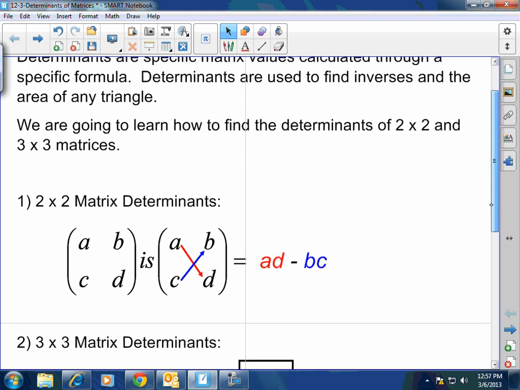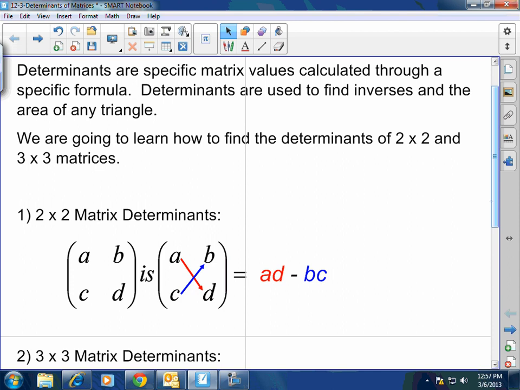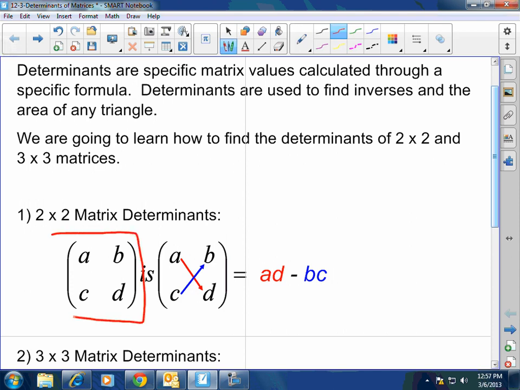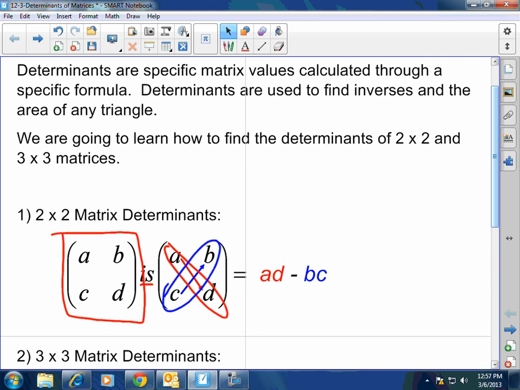First of all, in a 2 by 2 matrix, okay, this is the original matrix, okay? So that matrix is going to equal this determinant. You multiply the A times the D, and you subtract it from C times B. Literally. That's it. Done.